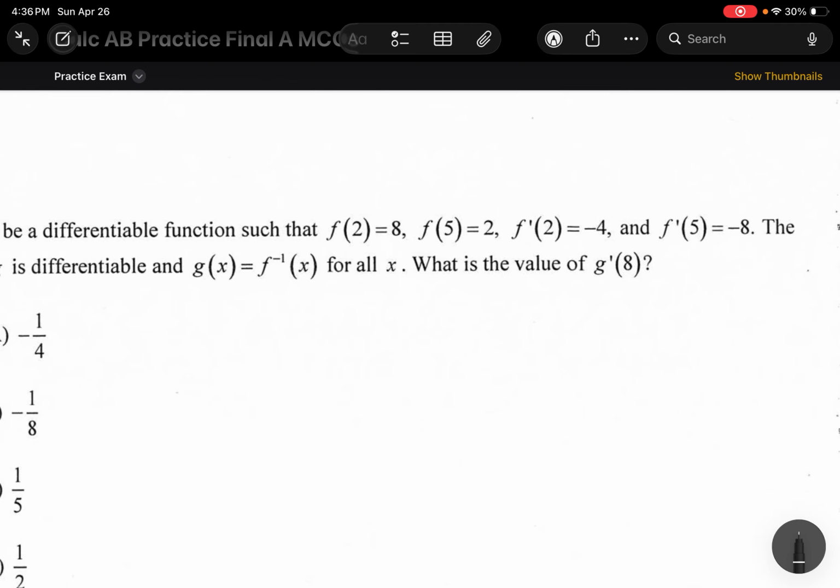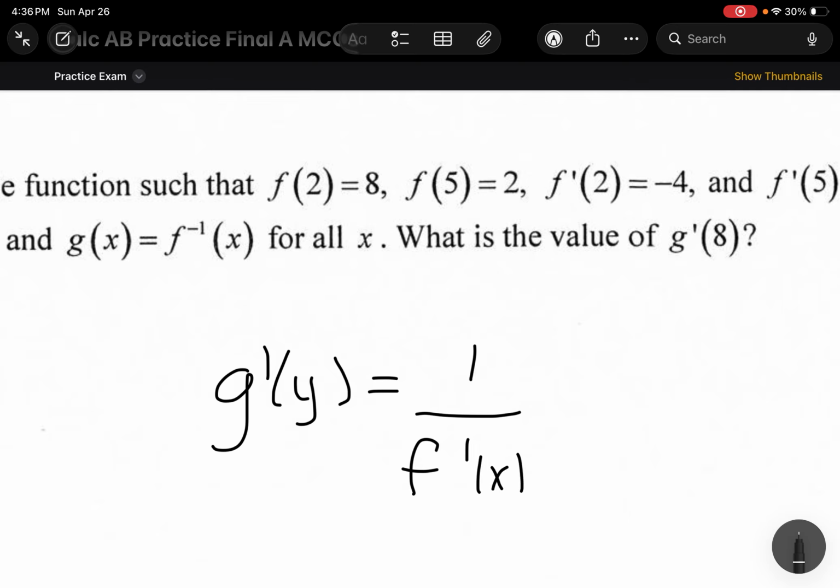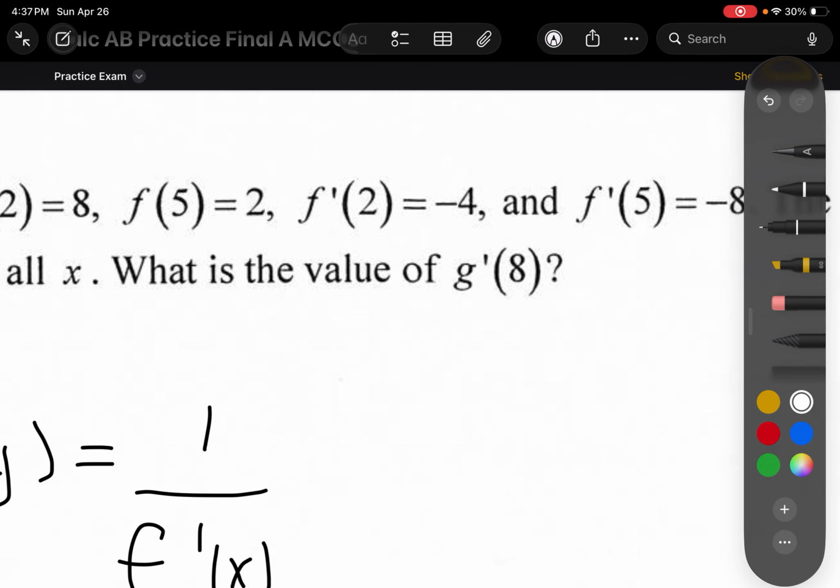If you remember, sometime after first semester ended, you were given this equation, which is g prime of y equals 1 over f prime of x. Now we're trying to evaluate at a specific point. So the first step is to find the coordinates.